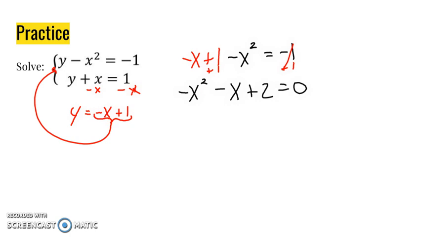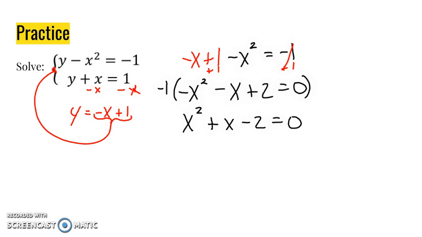Okay, so I'm ready to factor. Actually, not quite, because there's a negative in front of that x squared. And remember, if there's a negative in front of the x squared, the factoring that we do won't work. So I need to multiply everything by negative 1. That gives me a positive x squared plus x minus 2 equals 0.